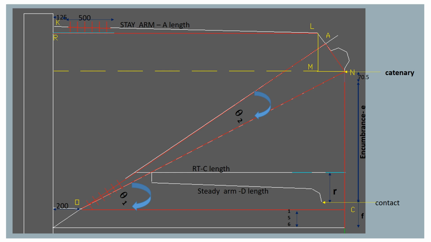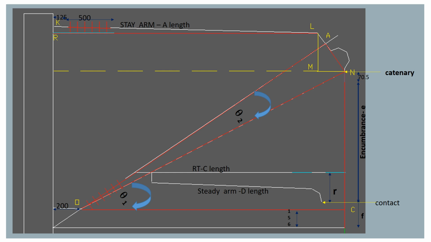So another triangle is ONC, and the angle in between OC and ON is theta 1.